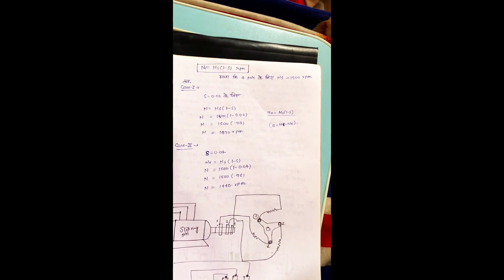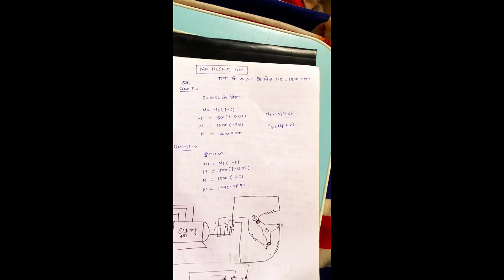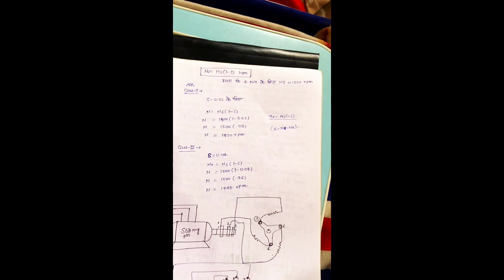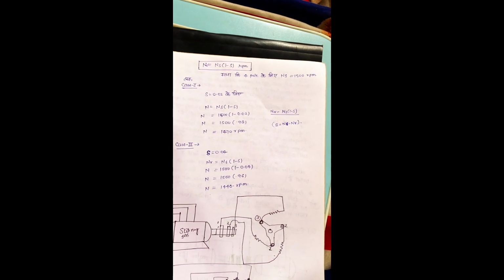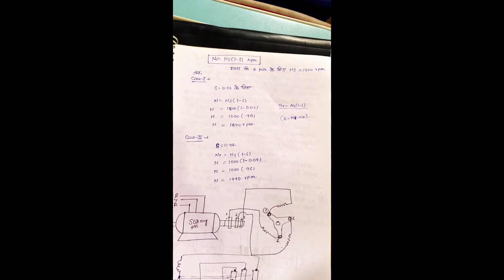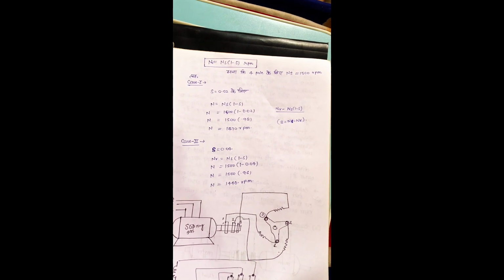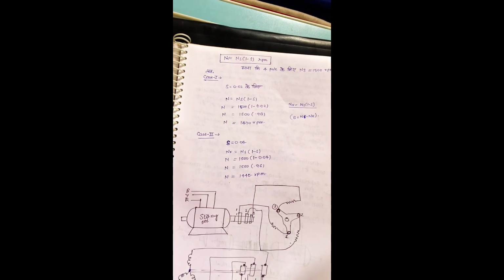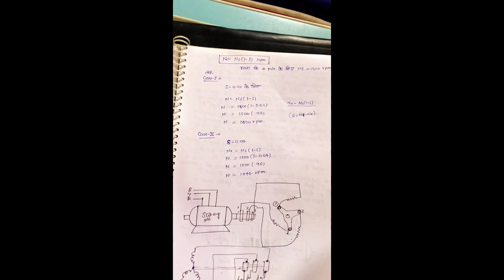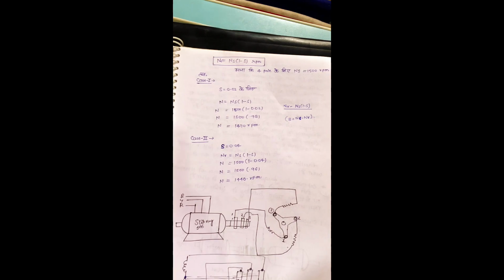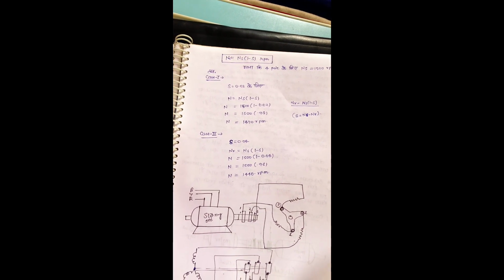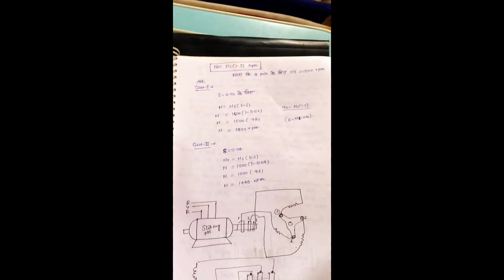Suppose that for a 4-pole motor, the speed of the induction motor is 1500 RPM. Then case first, if the value of S is equal to 0.02, then the speed of the rotor will be 1470 RPM. Second, if the value of slip is 0.04, then the rotor speed will be 1440 RPM.